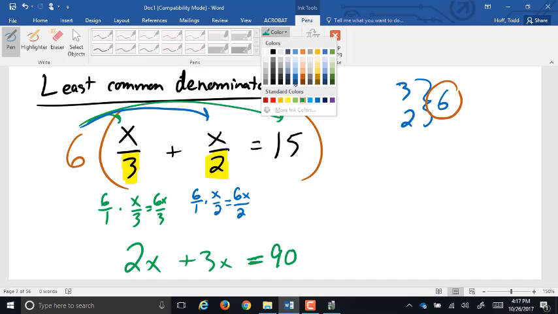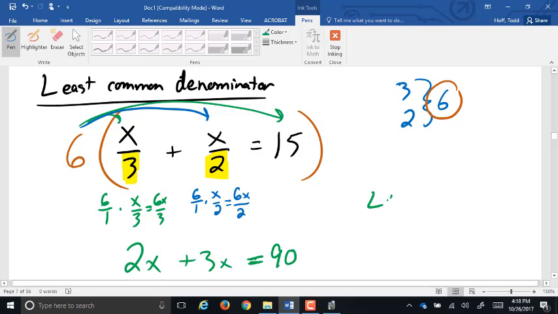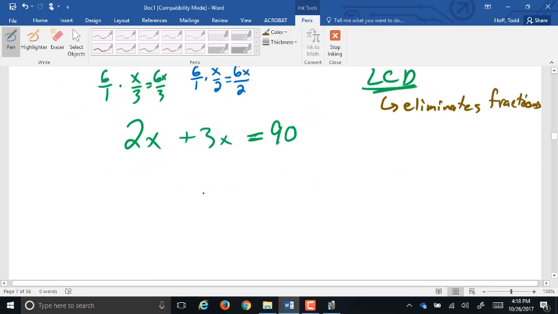Now the fractions are gone. The purpose of the least common denominator is that it eliminates the fractions. So eliminating the fractions turns it into a simpler equation to solve.